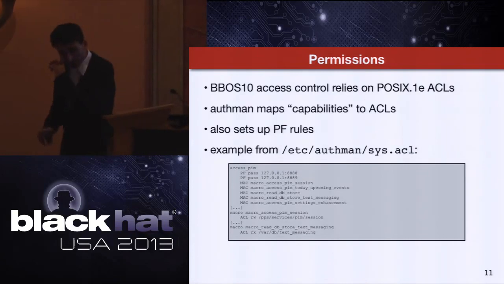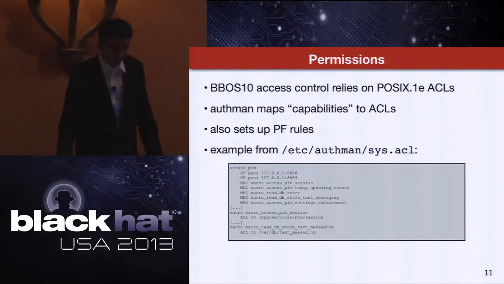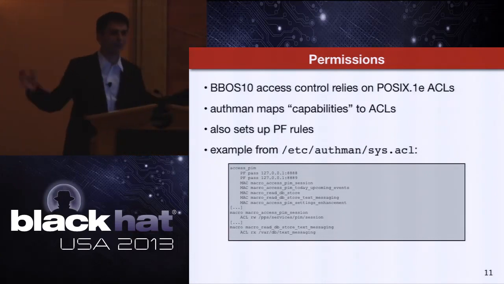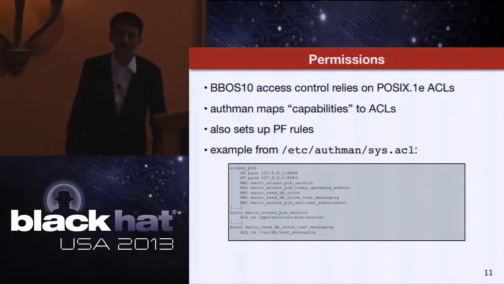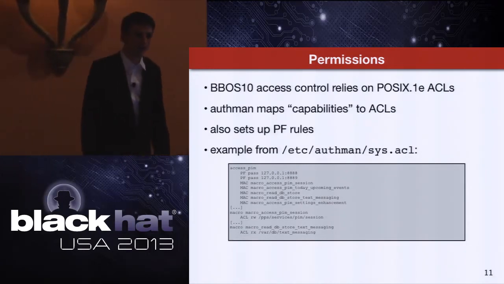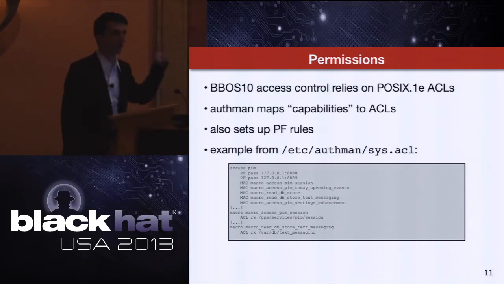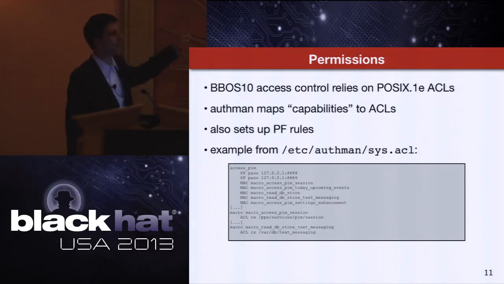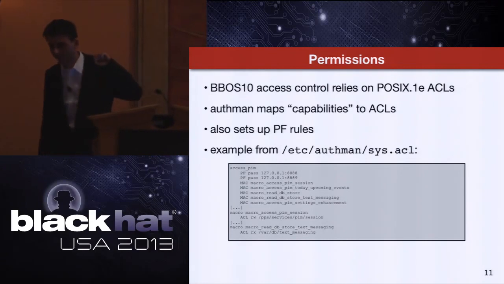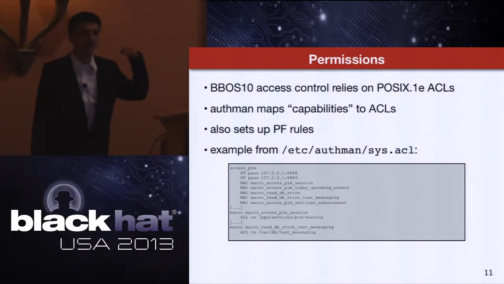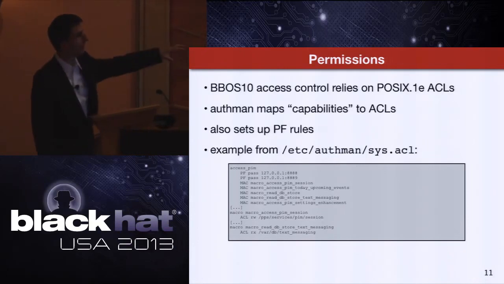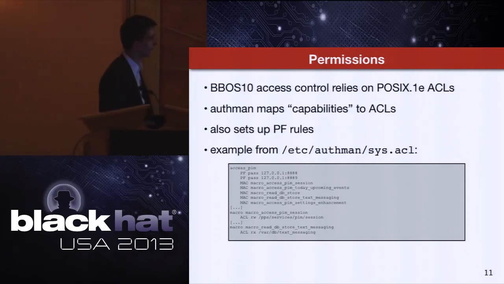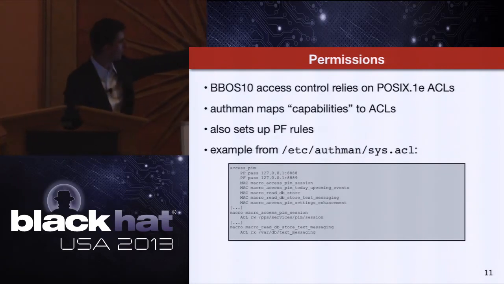So someone apparently here was a really big fan of the POSIX 1.2e ACLs. If you look at the file system, every second file on average will have an ACL attached to it. And in most cases, that's actually done dynamically by authman. How this works is the application requests permissions through a device, and authman grants them according to configuration files which are stored in etc authman. In these, you can actually have macros for other things.